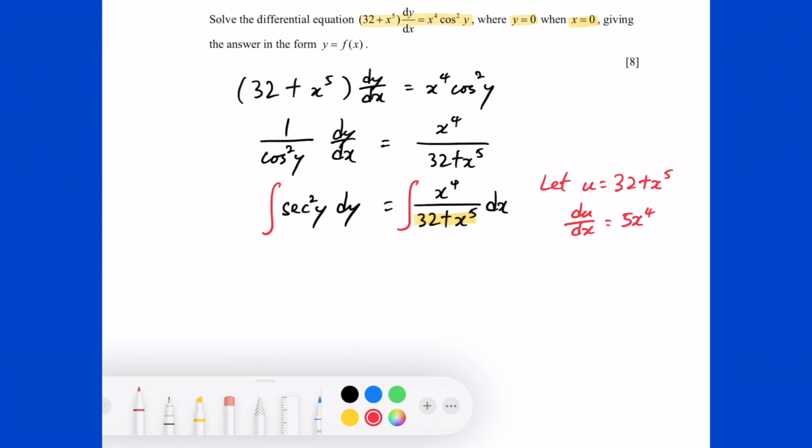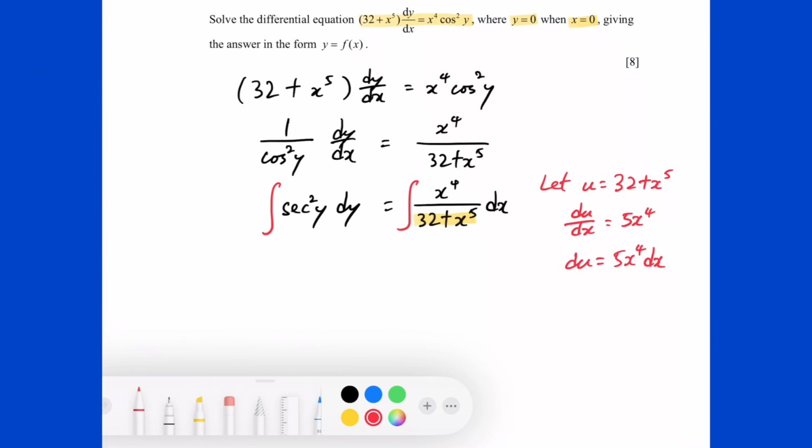As we can consider du/dx to be a fraction, we can move the dx to the right-hand side, such that du = 5x^4 dx. During the substitution, we want to make sure that the right-hand side consists of the expressions of x only.